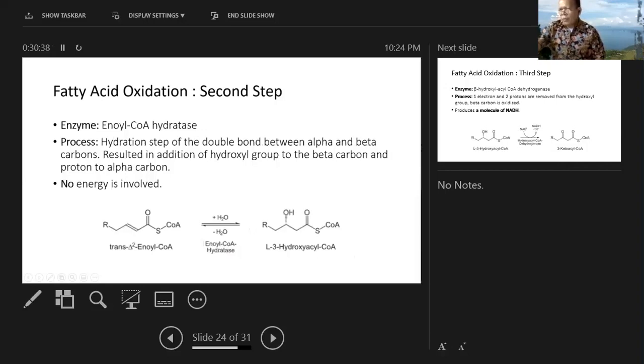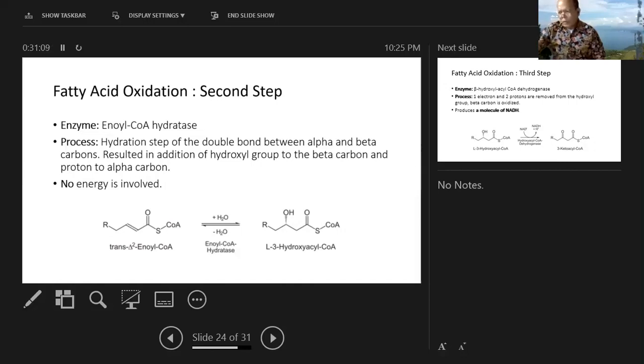Second step. The enzyme is enoyl CoA hydratase. The process is a hydration step at the double bond between the alpha and beta carbon, resulting in the addition of a hydroxyl group to the beta carbon and a proton to the alpha carbon. In this second step, no energy is involved.